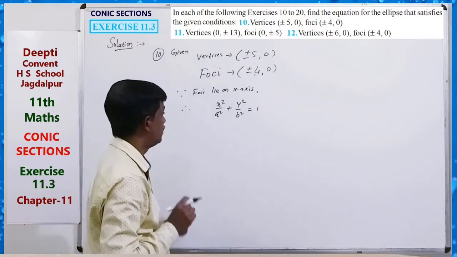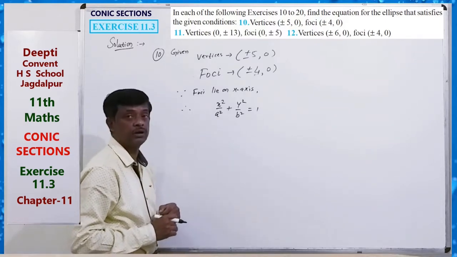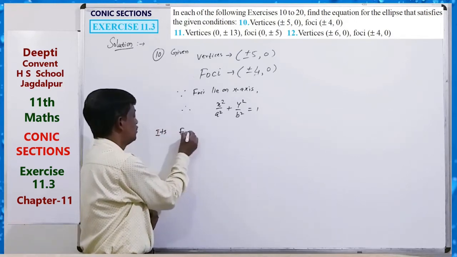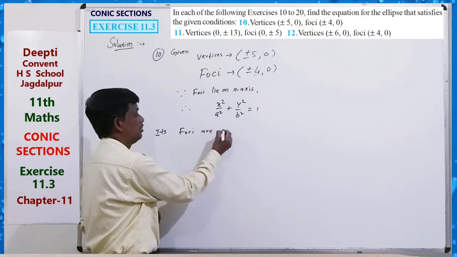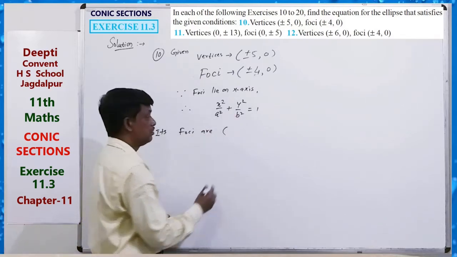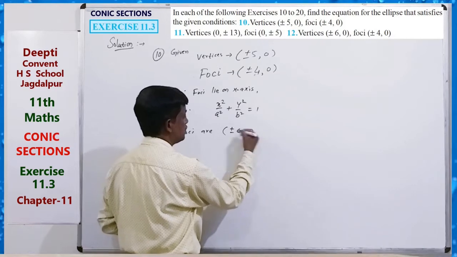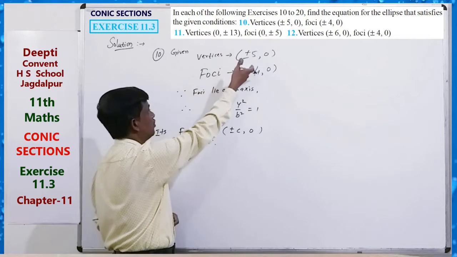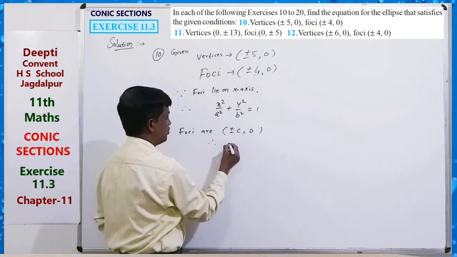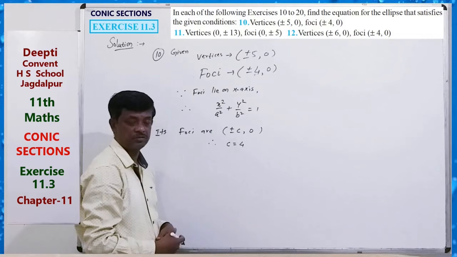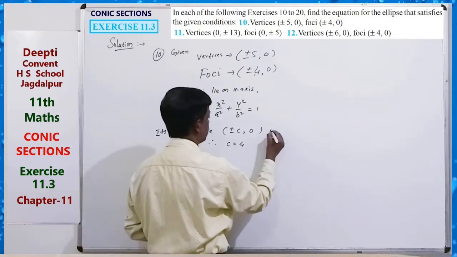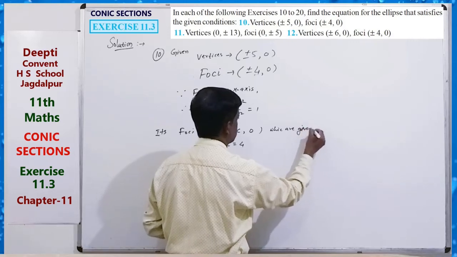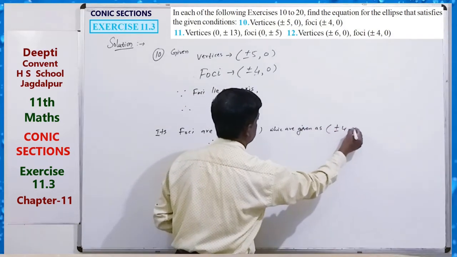Clear? And now we know its foci are plus minus c, 0. Therefore, foci plus minus 4, so c equals to 4, which are given as plus minus 4, 0.